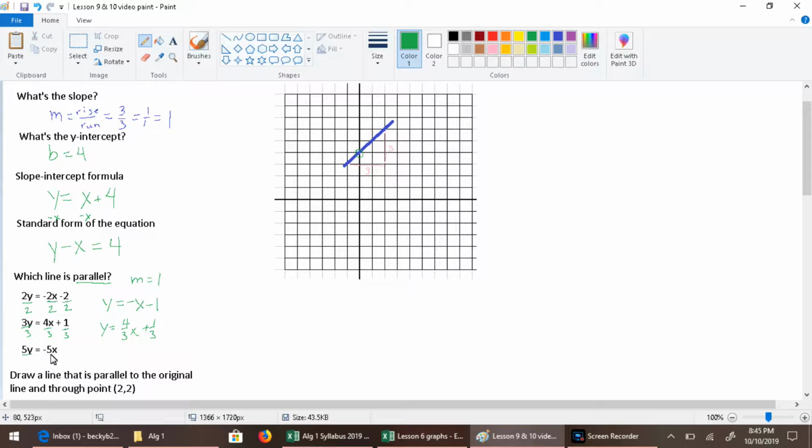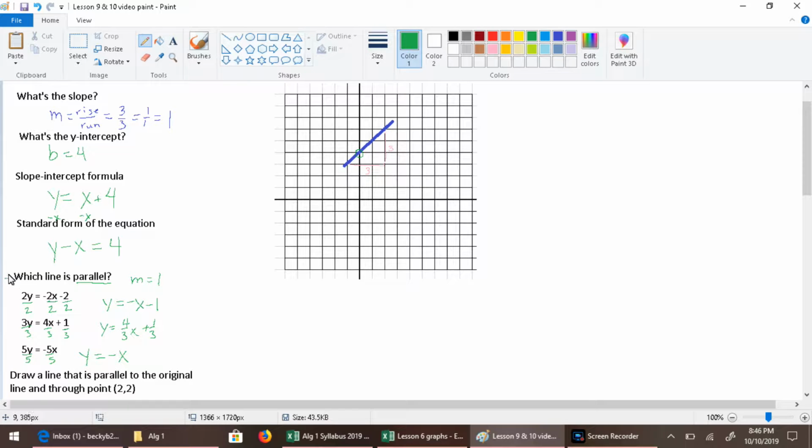This one we're going to divide by 5, divide by 5, and we'll get y = -x. Now I'm going to check to make sure I wrote it down right. Oh, all right, there we go.